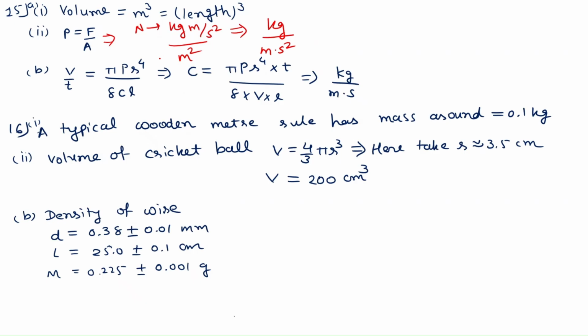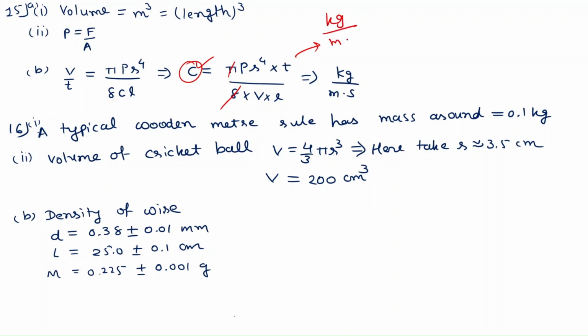They give a formula, so make the quantity we have to find the subject. We have to find the unit of C. Pi is an absolute quantity with no SI unit. P is pressure, which is force per unit area, and we already derived its unit as kilogram per meter second squared. R is radius, in meters raised to the power 4. t is time, with unit second. V is meter cubed, and L is meter.